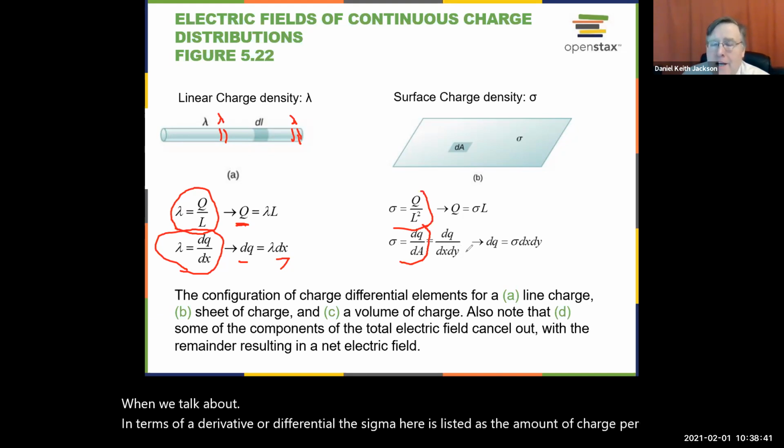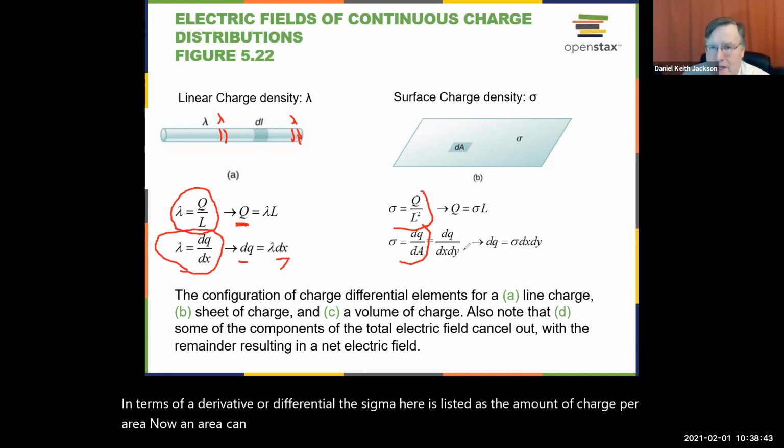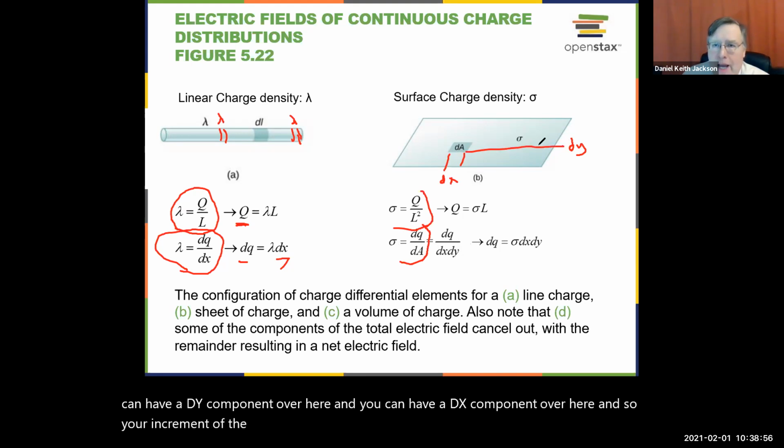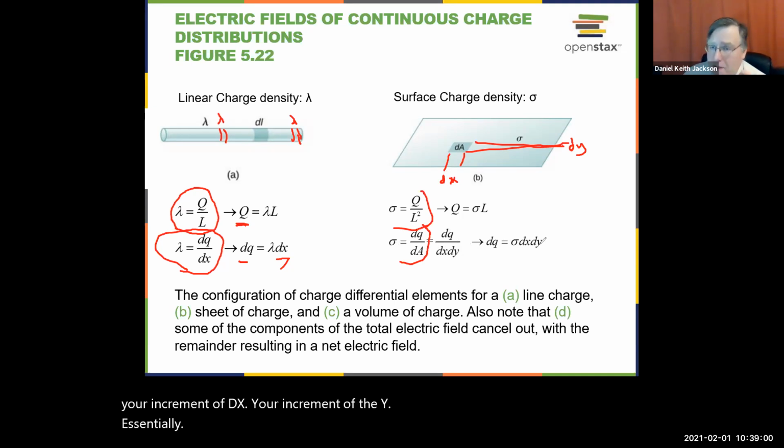An area can be an increment of x times an increment of y. In other words, you can have a dy component over here and a dx component over here, and your increment of dx and your increment of dy multiplied together give you an incremental area.